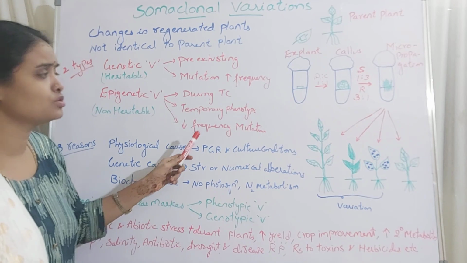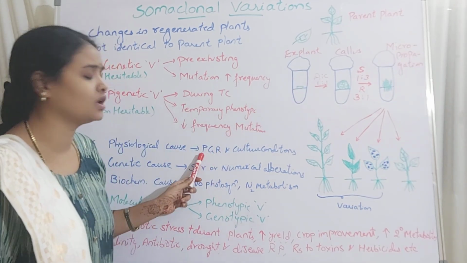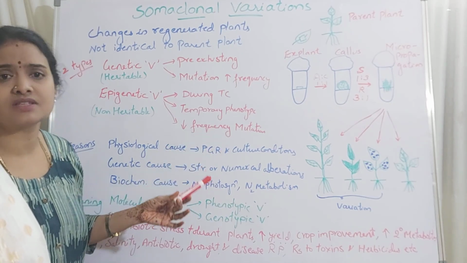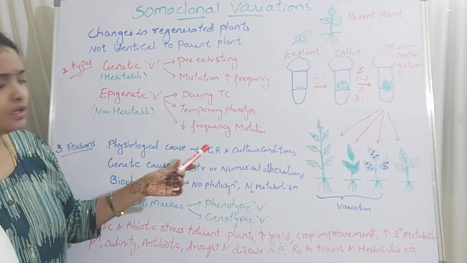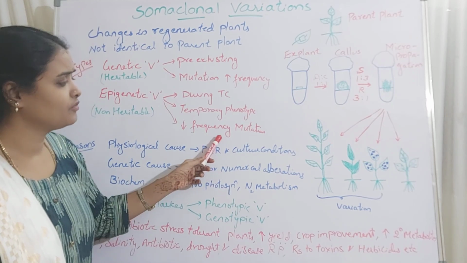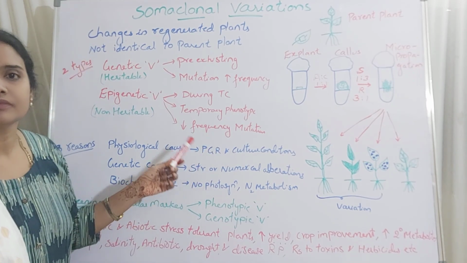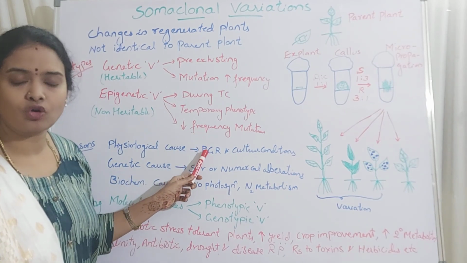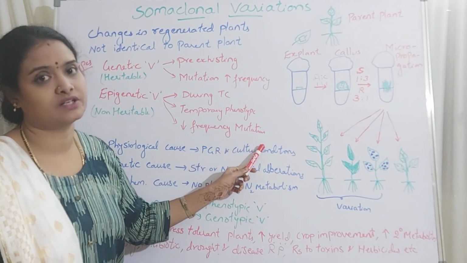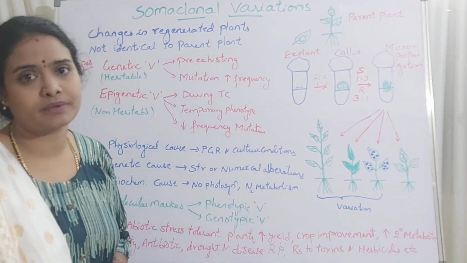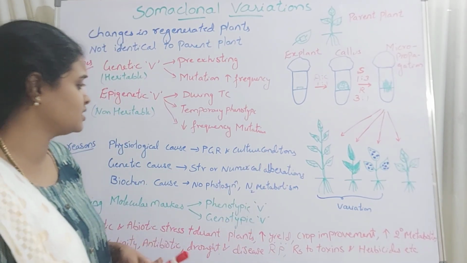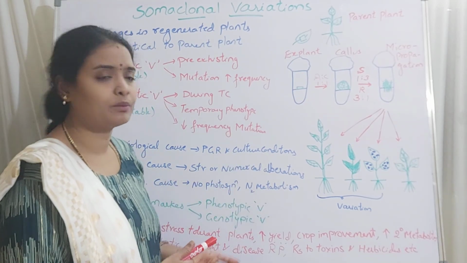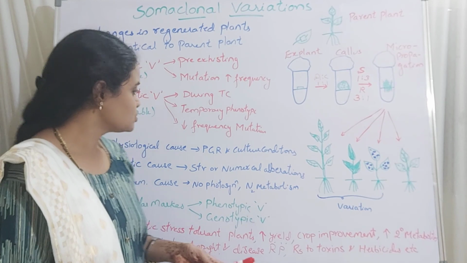The plant growth hormones you are providing, such as auxin, cytokinin, gibberellins, will all affect and cause some variations in the plants, right? Not only the media components but also the cultural conditions such as pH, temperature, light intensity, the presence or addition of a large amount of antibiotics, right? All these.